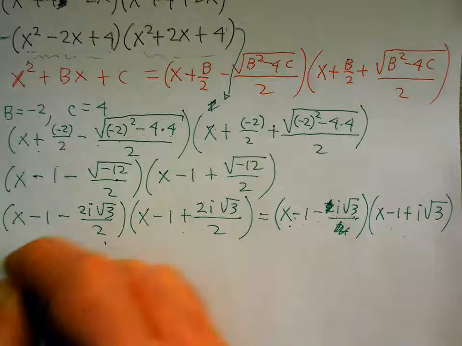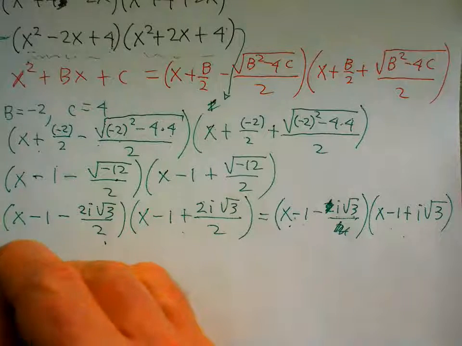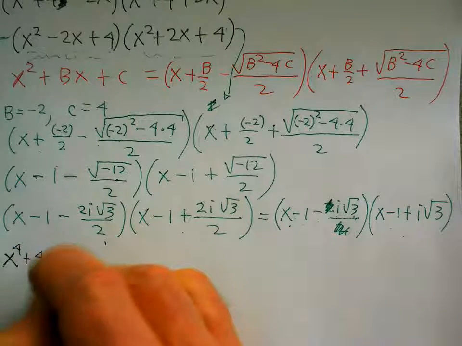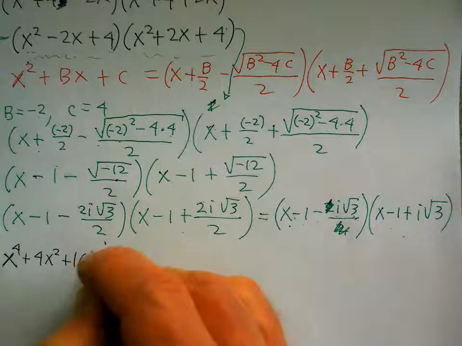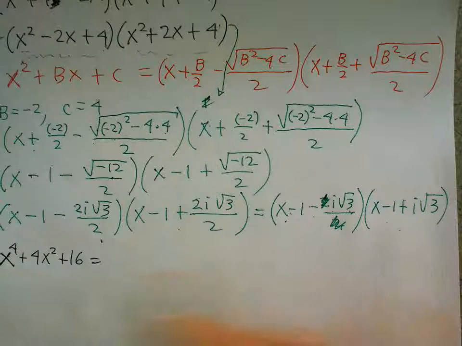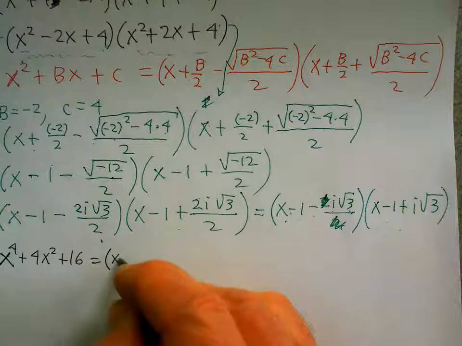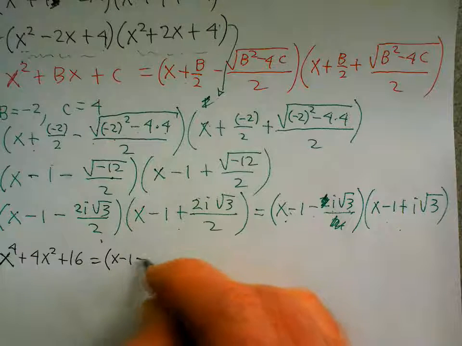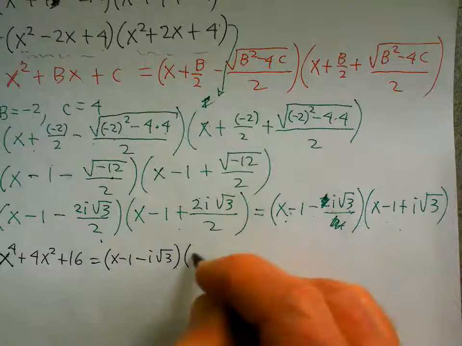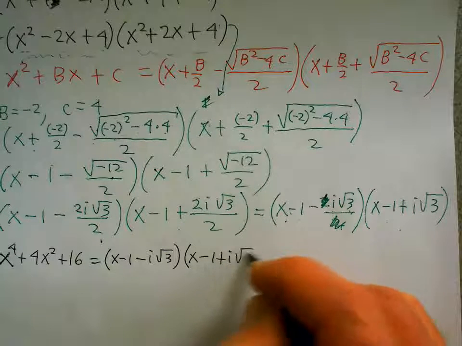So the final result: x to the 4th plus 4x squared plus 16. We have these first two linear factors, x minus 1 minus i times the square root of 3 times x minus 1 plus i times the square root of 3.